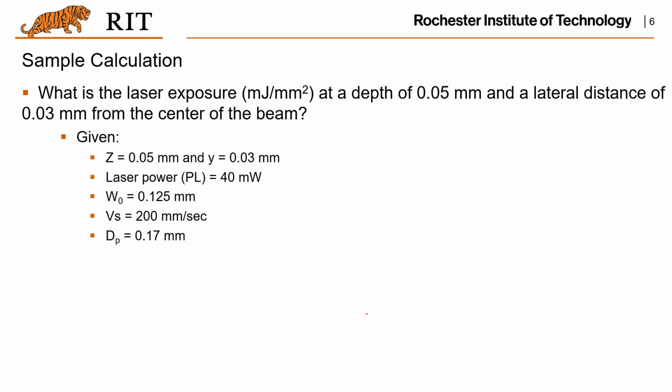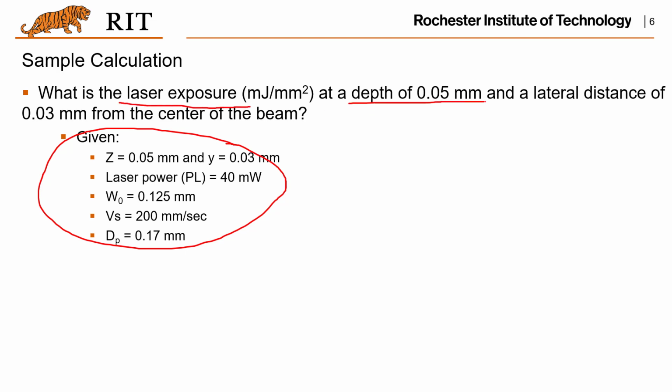So let's look at example questions. With these conditions known, what is the laser exposure at a depth of 0.05 millimeter, which is the Z, and a lateral distance of 0.03 millimeter, which is the Y, from the center of the beam?